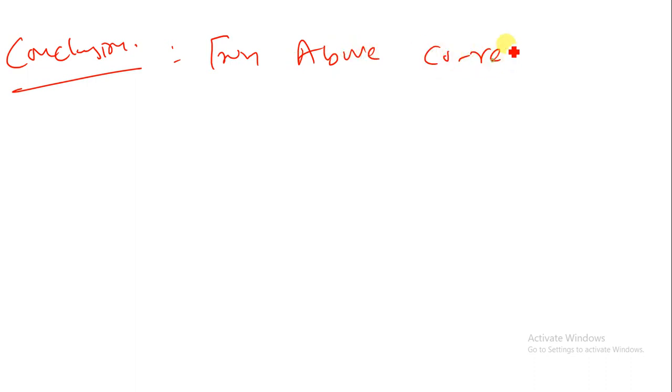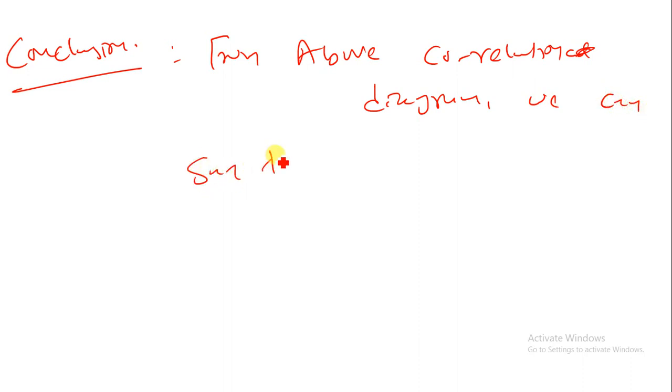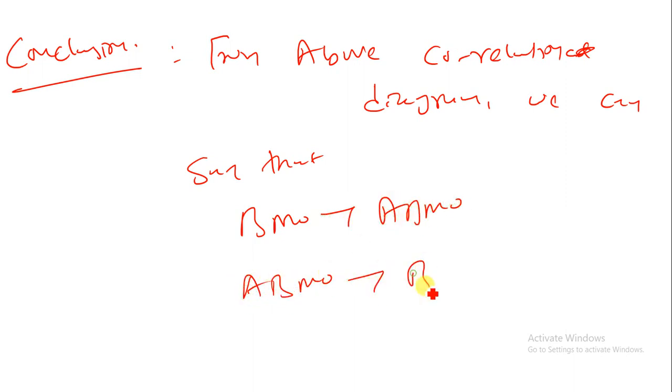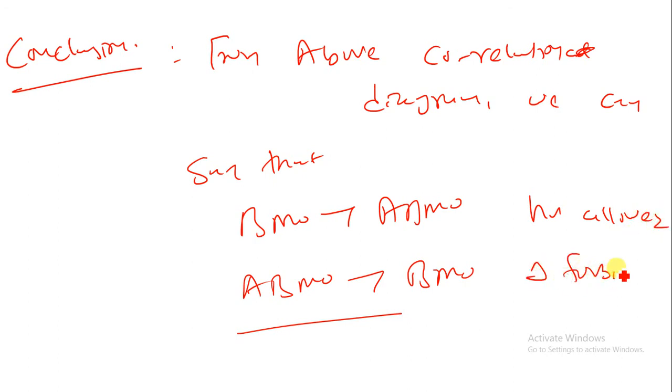So in the conclusion, from the above correlation diagram, we can say that BMO crosses ABMO and ABMO is crossing BMO. Thus it is a photochemically allowed reaction and thermally forbidden reaction. So that is our conclusion.